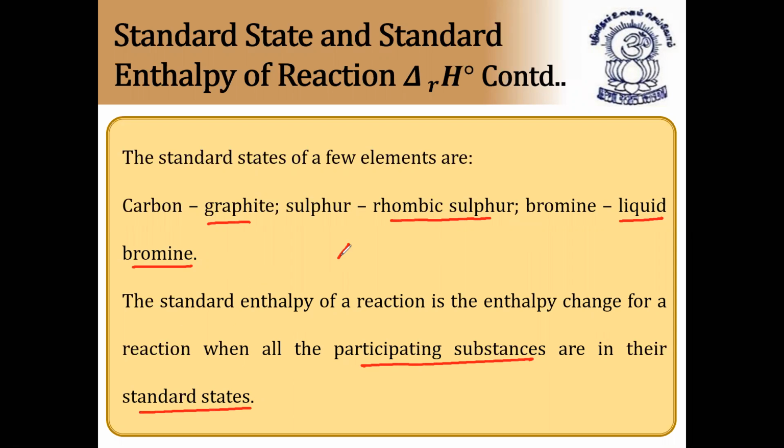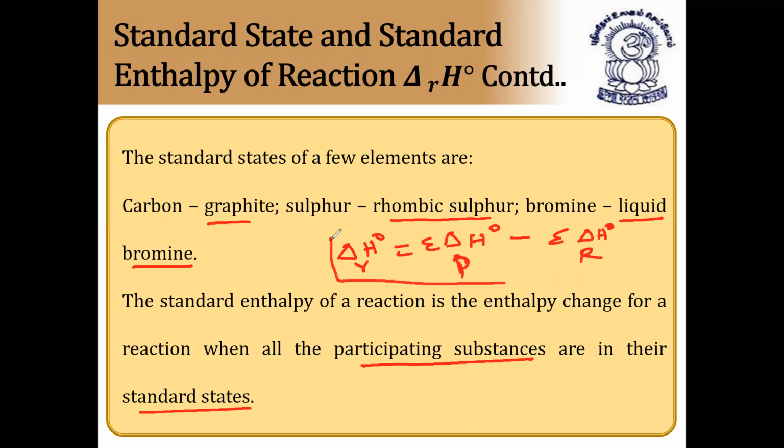So what is standard enthalpy change? Standard enthalpy of a reaction, delta H R degree, is the enthalpy change for the reaction when all the participating substances are in their standard states. That is, sigma delta H degree of products minus sigma delta H degree of reactants.